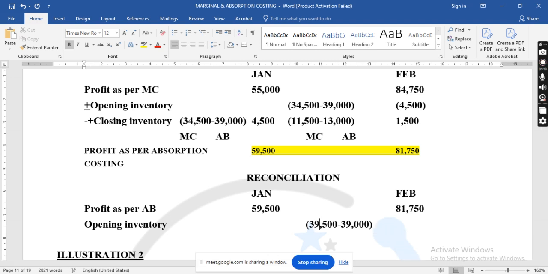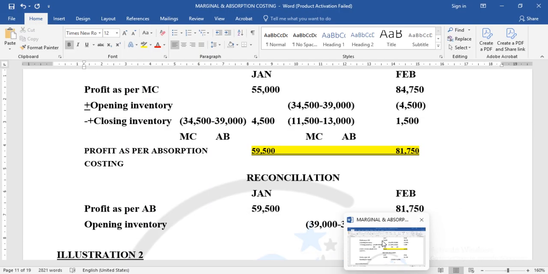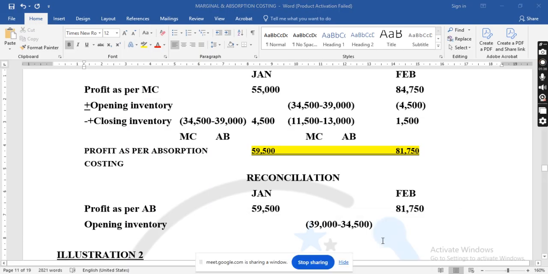39,000 should come first, since you are starting from profit as per absorption. Then 34,500 should come last. If the opening inventory of absorption costing is greater, you add the difference.